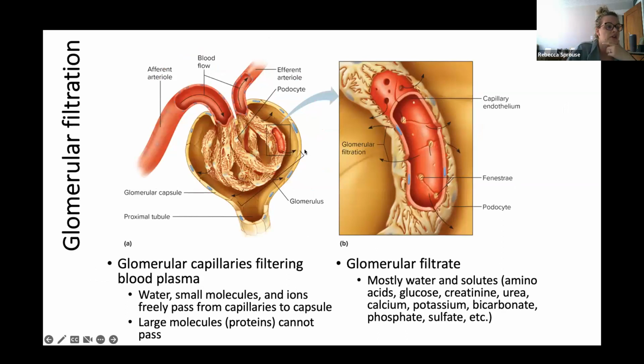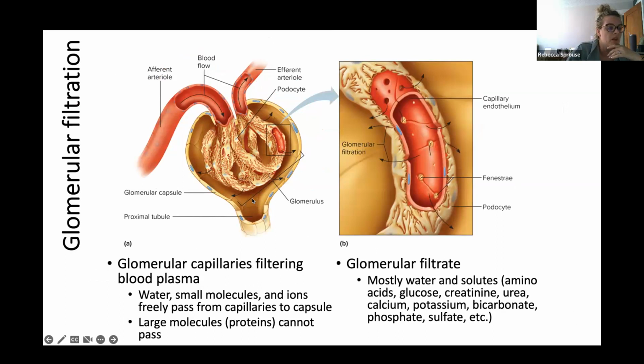So how does filtration occur? Here are our capillaries. We have blood pressure coming in through this arterial system, and this blood pressure will force small molecules out of the capillaries into this capsular space. Water, small molecules, ions, your glucose, your sodium, your chloride, things like that will all enter this capsular space.